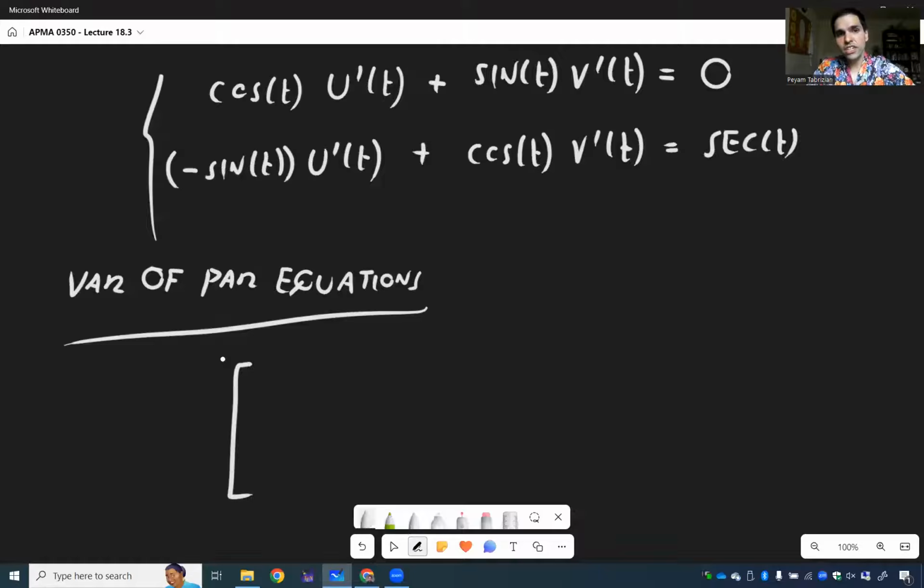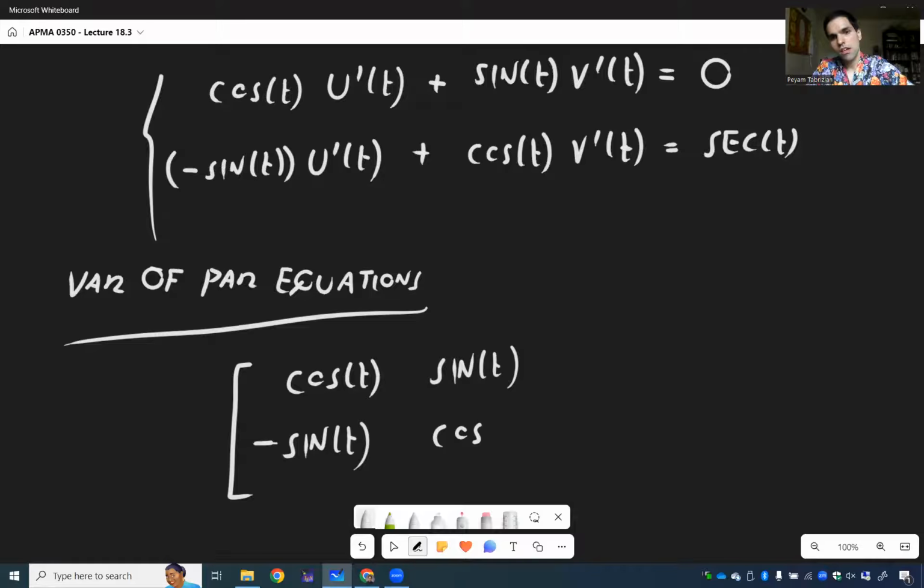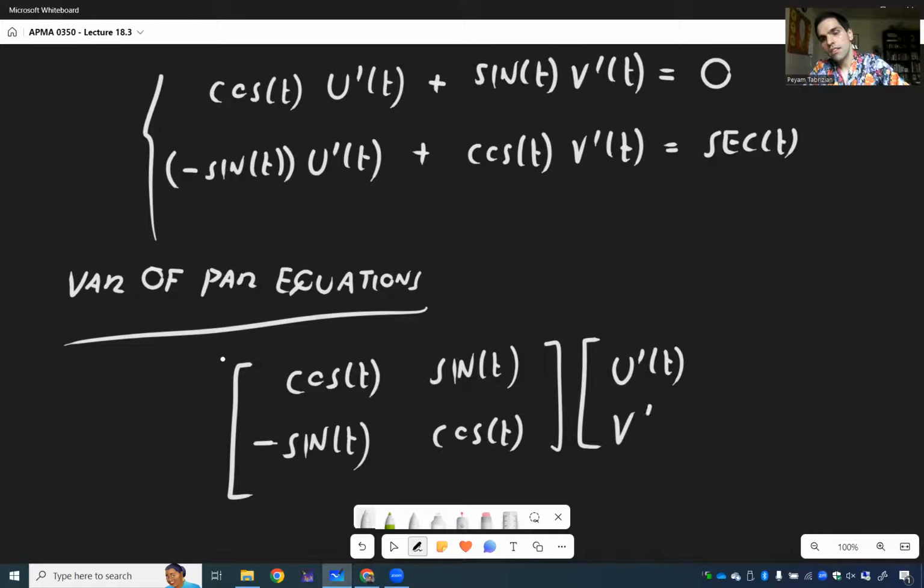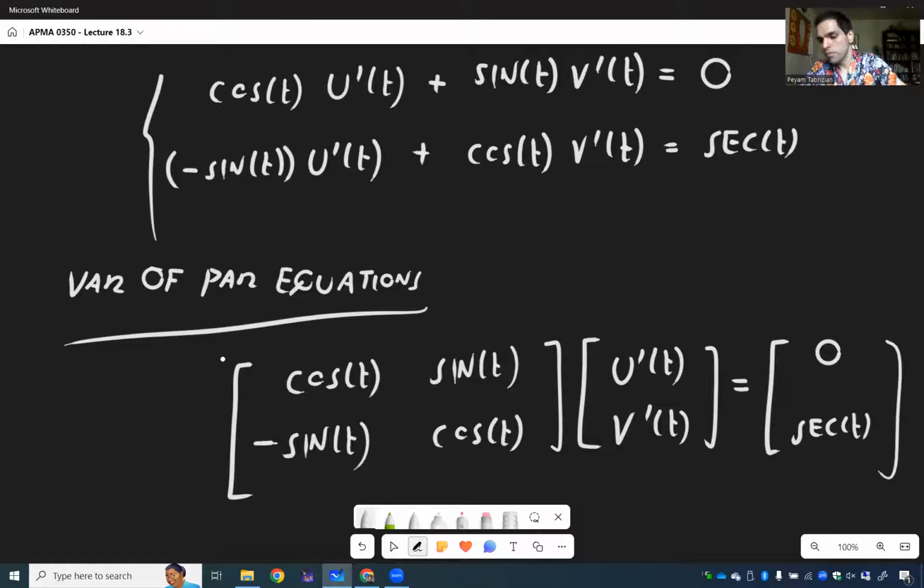The coefficients are just cosine and sine, and then minus sine and cosine, and then u prime v prime, and then always 0 and always the inhomogeneous term.